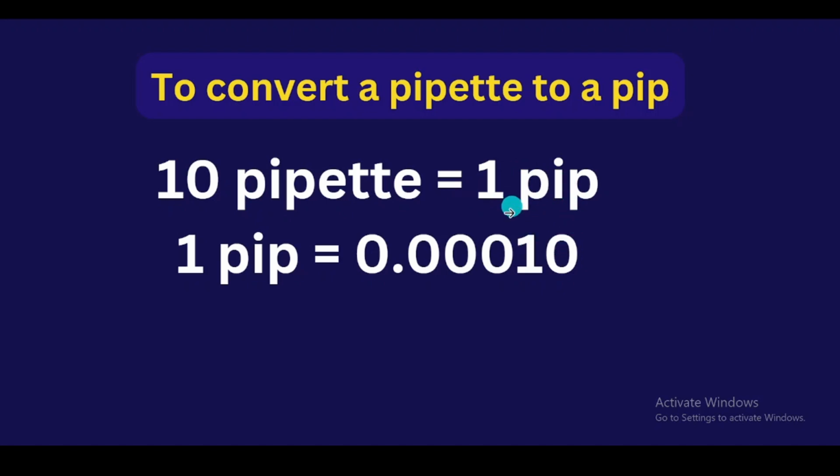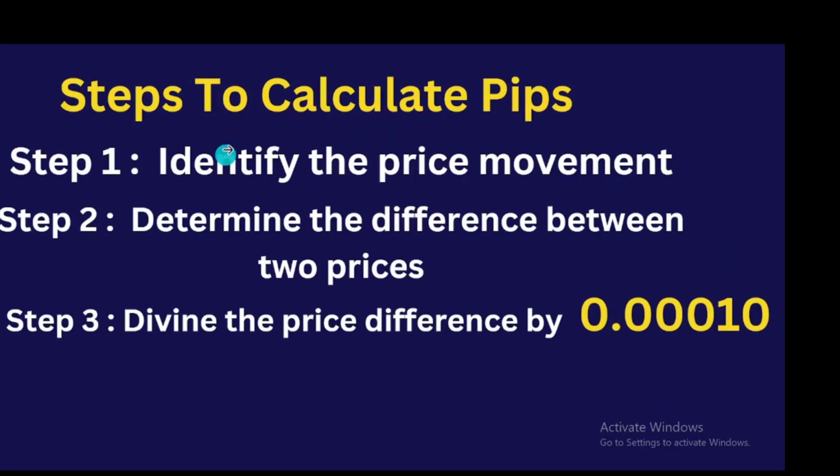Now, if we convert these pipettes to a pip, 1 pip here is equal to 0.00010. This 10 pipette is what we brought down here, which is 10. So you can see here we have 1, 2, 3, 4, 5. They are quoted in 5 places. You have to pay attention to this formula, this number here, because this is what we are going to use to calculate our pip.